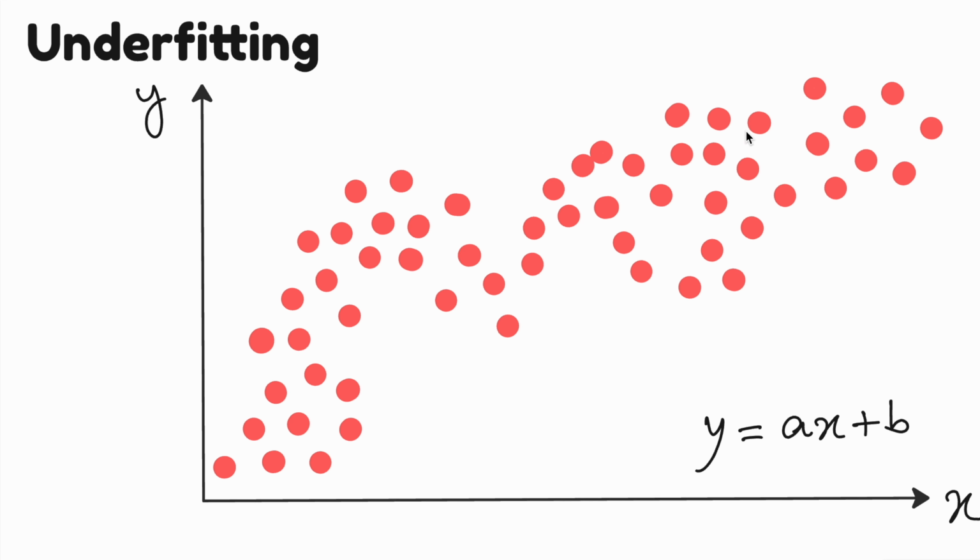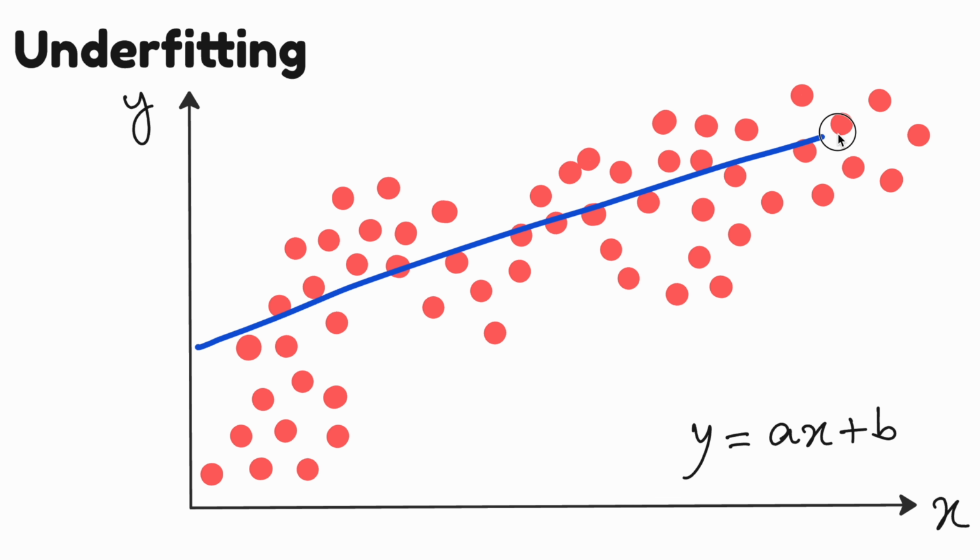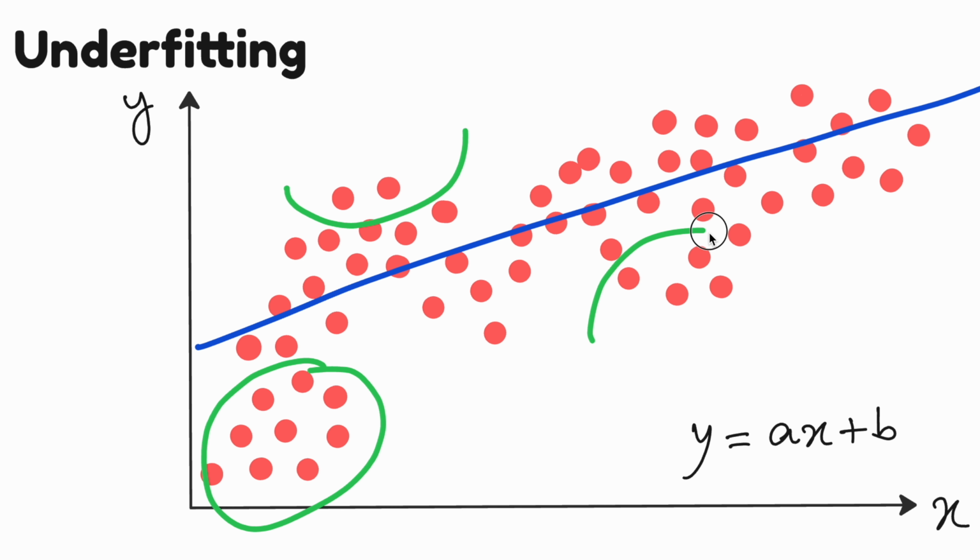It is a little different, but definitely not a straight line like we have seen in our previous examples. But if you draw a line like this, you see this line is missing a lot of points. The line is missing this particular point. It is missing a lot of points here, a lot of points here also, and a lot of points here.